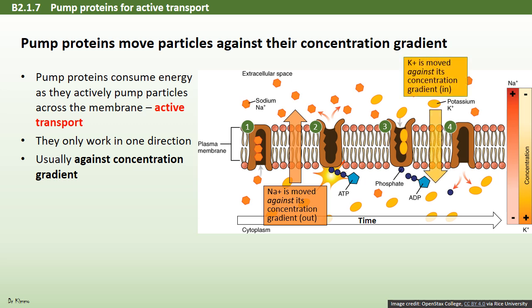After the sodium ions have been released into the extracellular space, potassium ions are being moved from the extracellular space to the cytoplasm by the same pump protein. Potassium is also moving against its concentration gradient because the concentration of potassium is already higher inside the cell, in the cytoplasm.